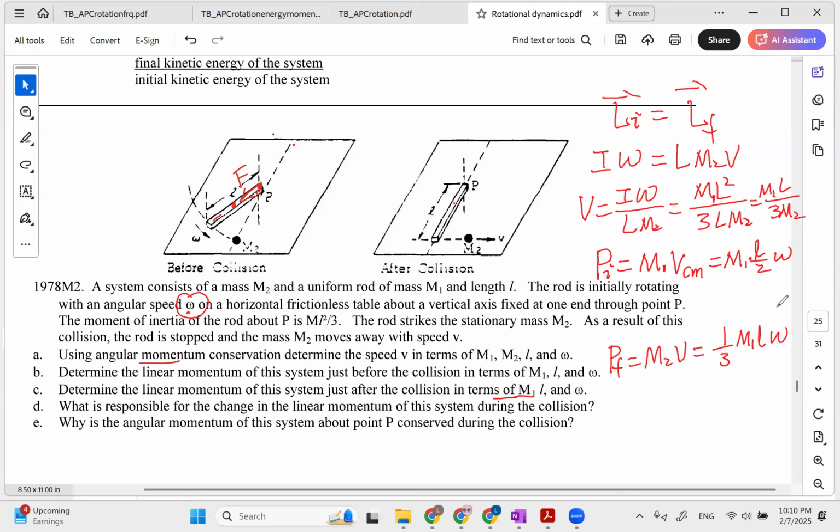Okay, D. D, how do you answer it? James? One minute. Wait. Why linear momentum? Is linear momentum conserved? No, right? Because it needs 1/2, needs 1/3.